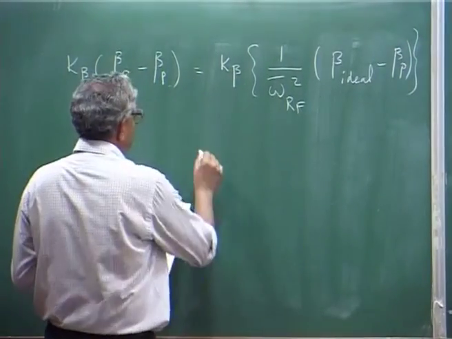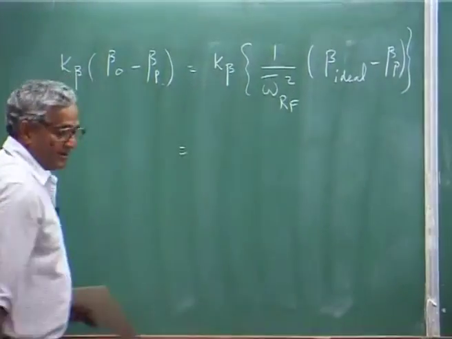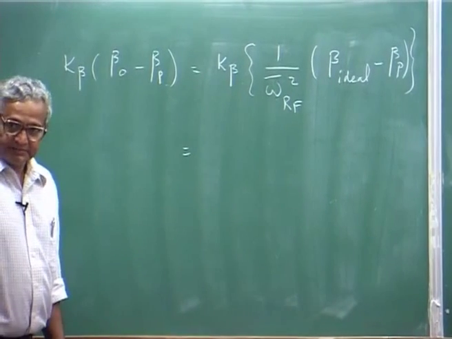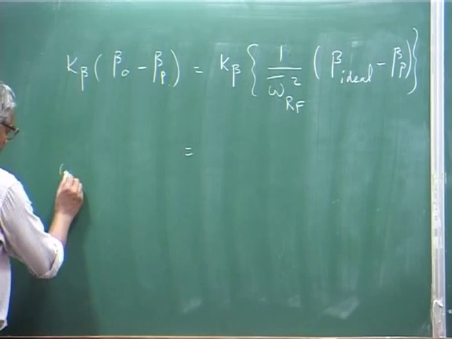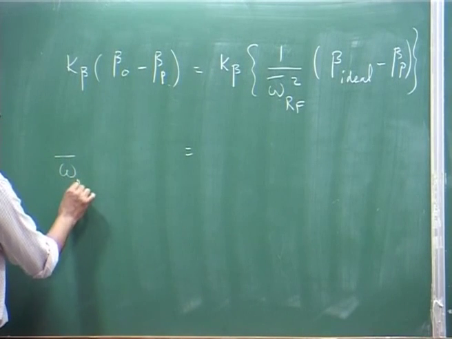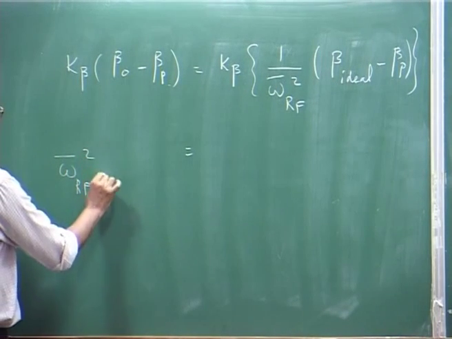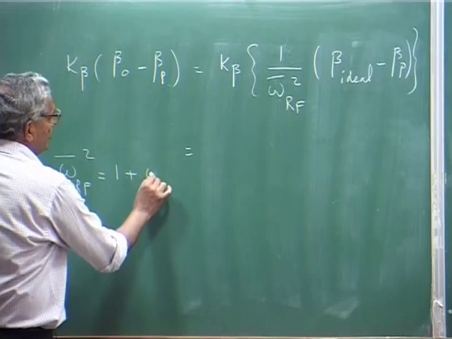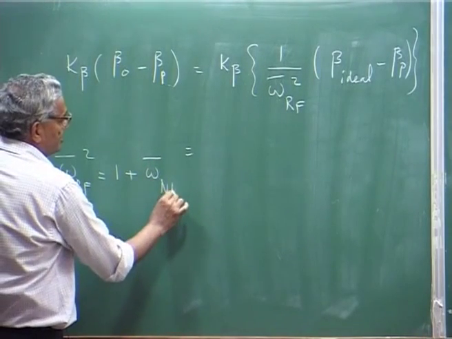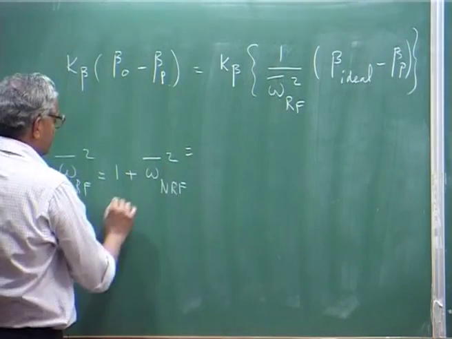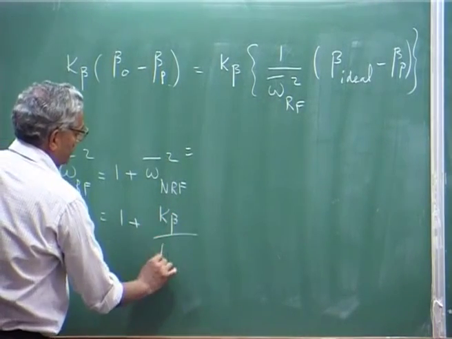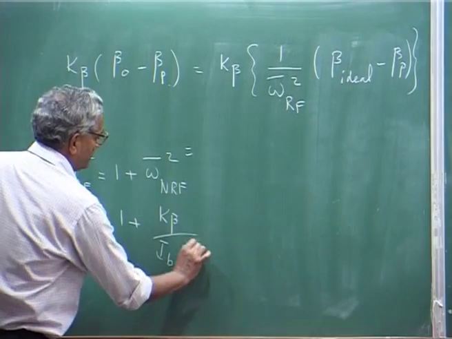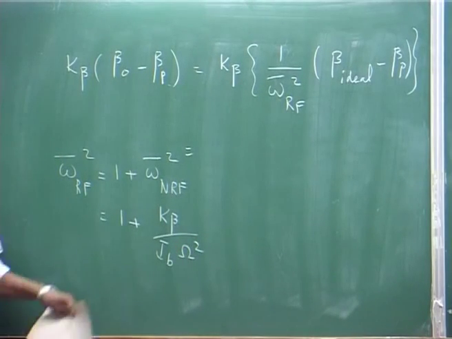And you can replace that k beta directly, because that is again written in terms of, we know omega bar r flap square is 1 plus omega bar non rotating flap square, which is I b omega square.